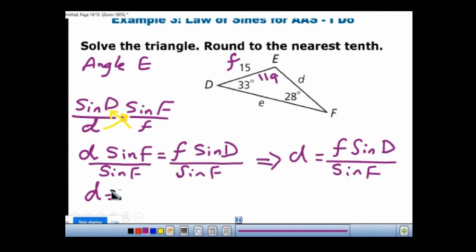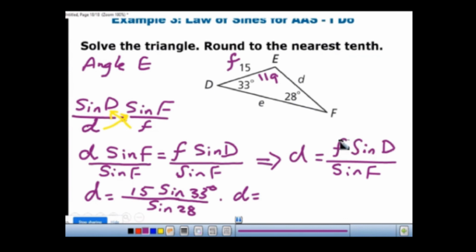Well, what is f? A little f is 15. Sine, what was the measure for angle d? 33. Divided by, what is sine F? Well, F is 28. Okay. So now d equals 15 times sine 33 divided by sine 28.